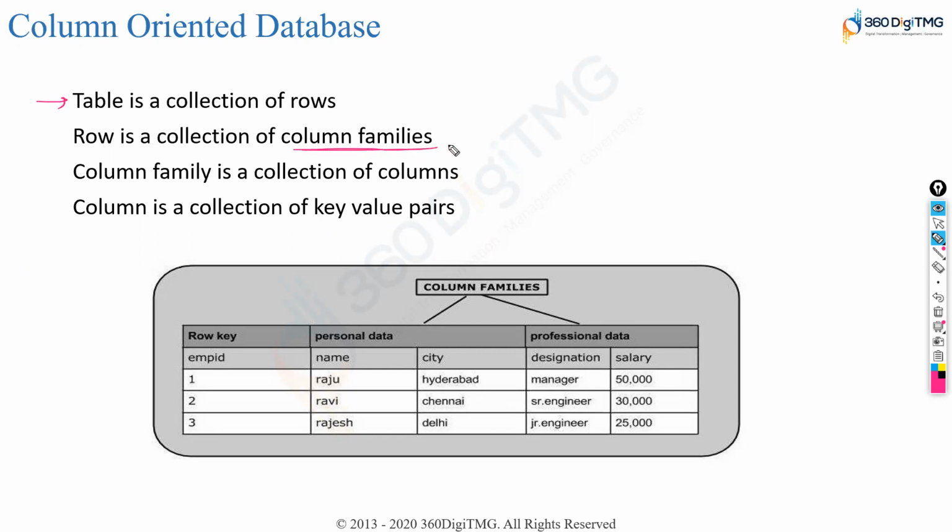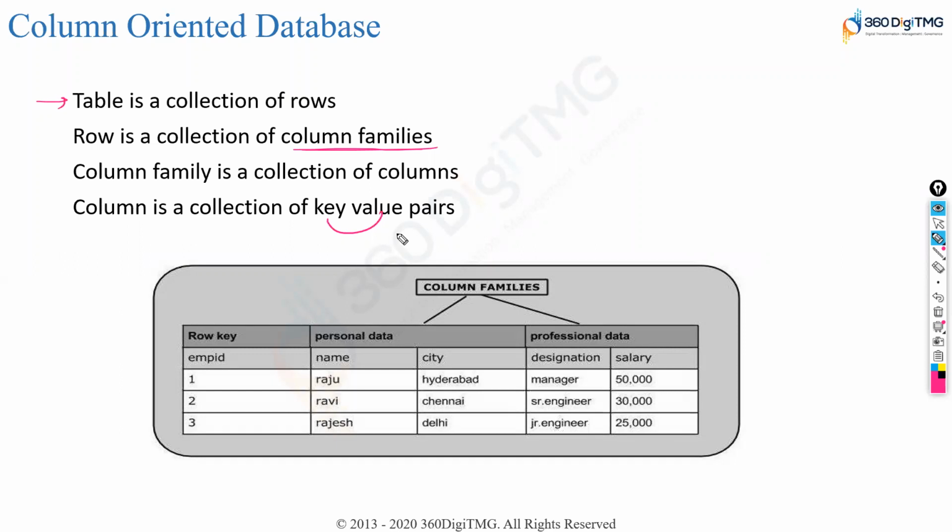And within these column families, you will have multiple columns. But what is a column? A column is nothing but a key value pair, guys. A column means you have a header, the column name, and then a value for that column. This is basically your table, right?